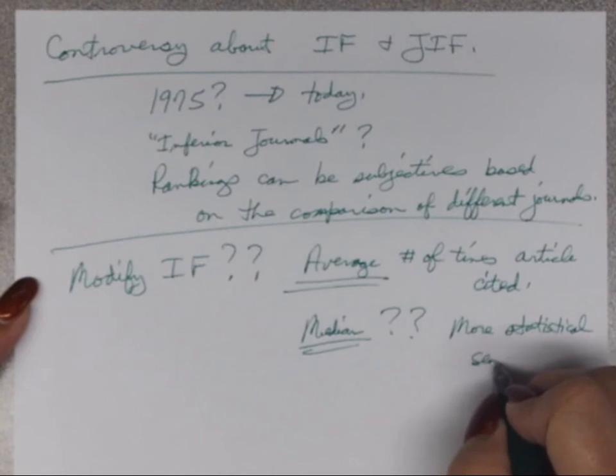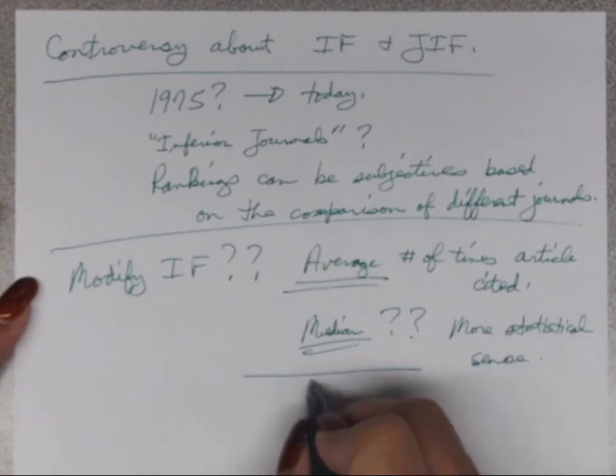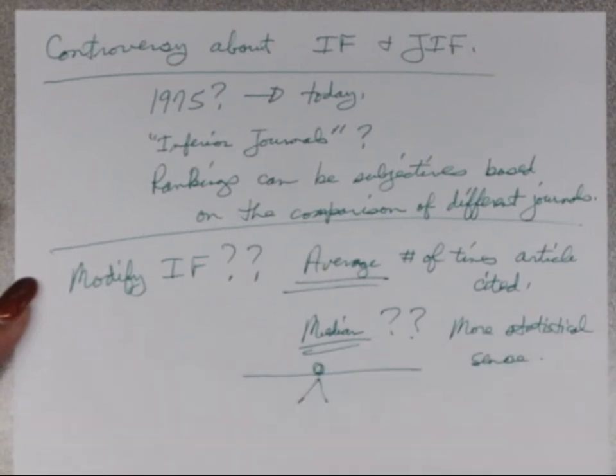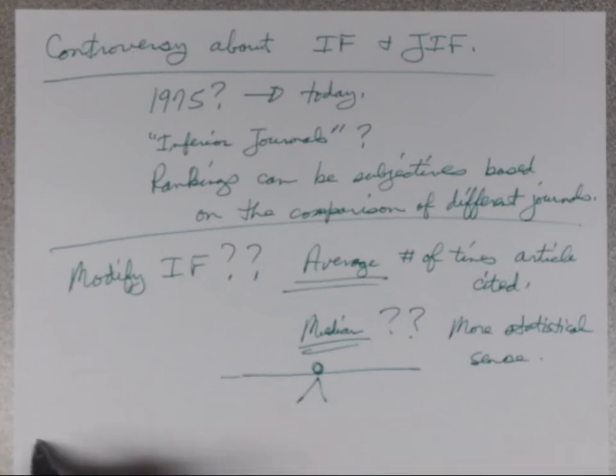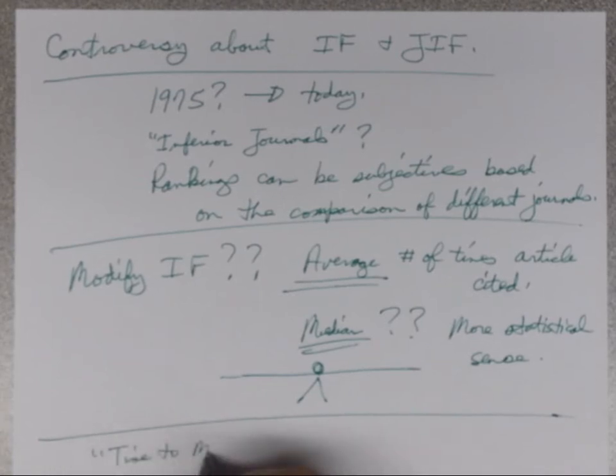So we find the guy that's in the middle, that's the teeter-totter point, right? That's what a median is instead of averaging it. We find the guy that's really in the middle. Okay, so there's one for how to modify it, and then there's one article that says maybe it's just time to move on. And I actually like that article.